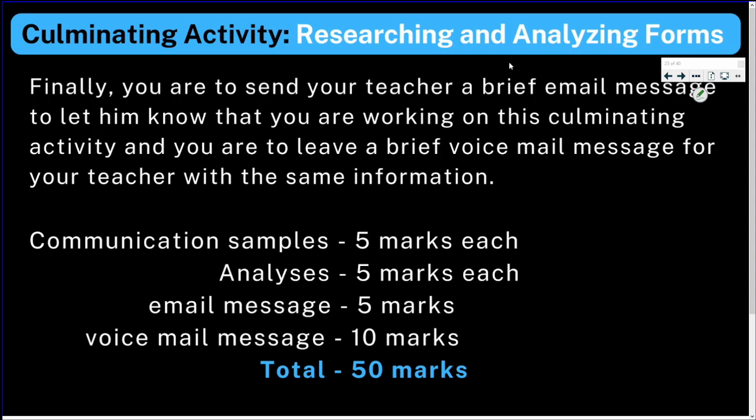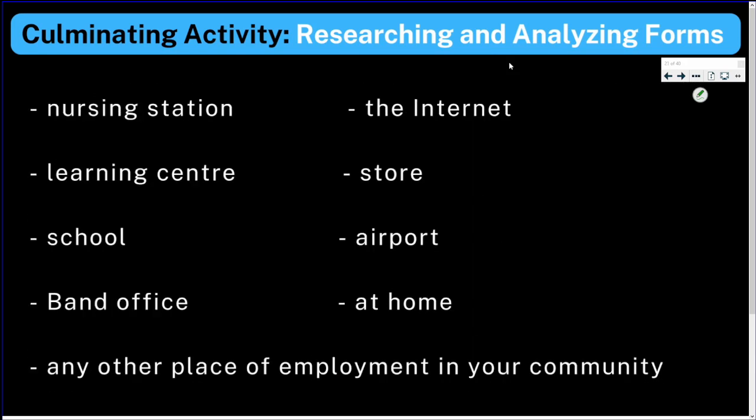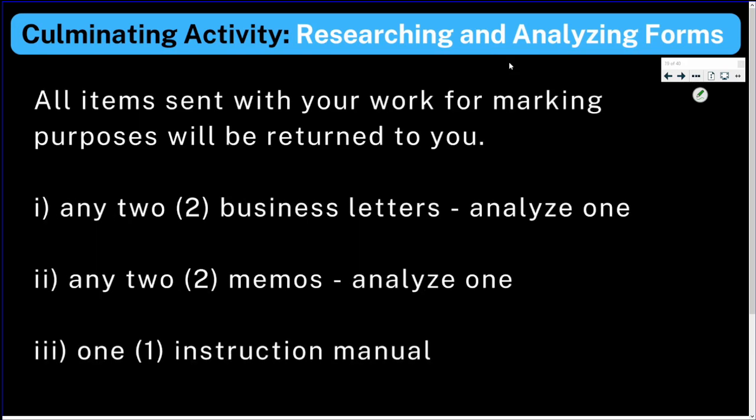Then your analysis is worth 5, and you'll do 2 of those, right? One of the letters will have an analysis, and one of your memos will have an analysis. You don't need to analyze the instruction manual. You just need to produce it, right?